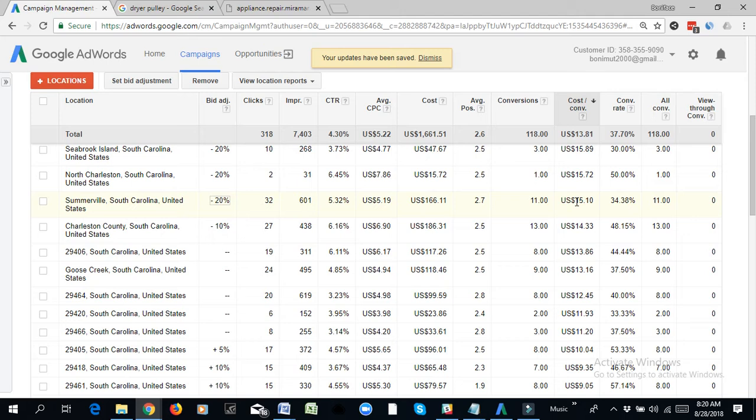So for this particular client, they are already getting a lot of leads, so we are not very aggressive. If it was a campaign where we are looking for more leads than what we have, I wouldn't have made these bid adjustments, because even at 15 and 14 we are not making any loss there.